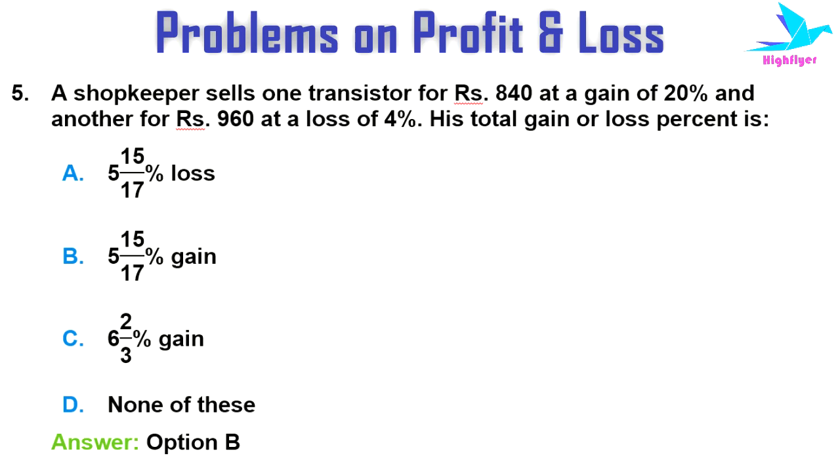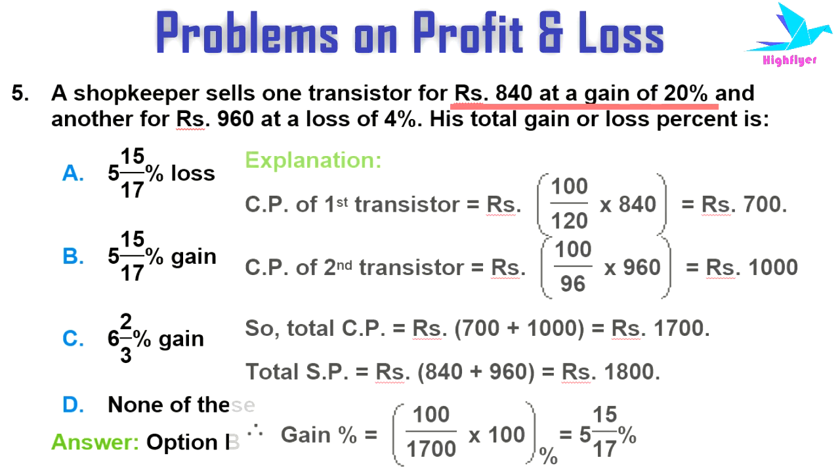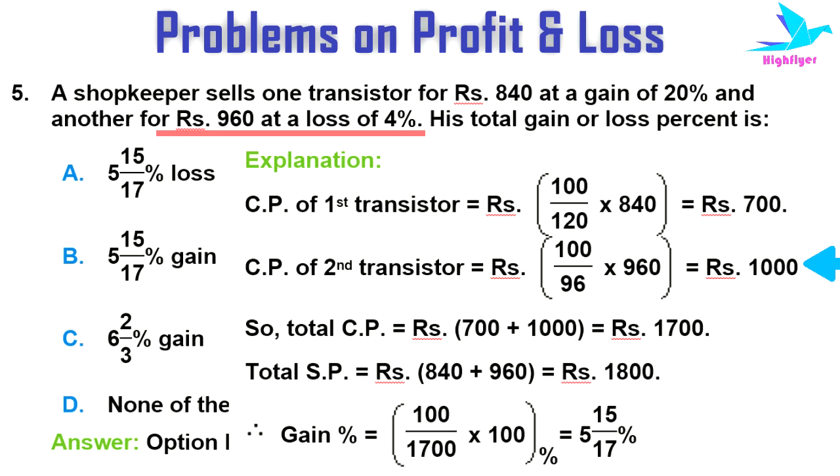Let's see how. Now as per the question, as the first transistor is sold at 20% profit, its cost price will be equal to 100 by 120 into 840, that is equal to rupees 700. Similarly for the second transistor, as it is sold at 4% loss, the cost price will be 100 by 96 into 960, that is equal to rupees 1000.